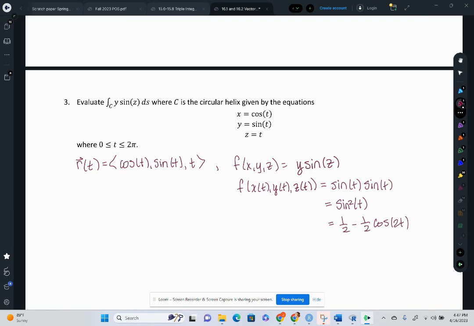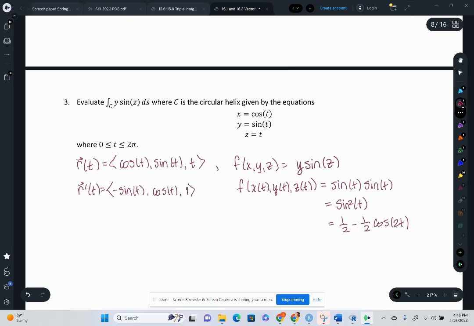Okay, so I've taken care of my integrand from my line integral, but now I need to take care of the differential. So I need r prime of t, and that will equal negative sine of t, cosine of t, and 1. And then I need the ds. ds, remember, is going to be the magnitude of r prime of t dt.